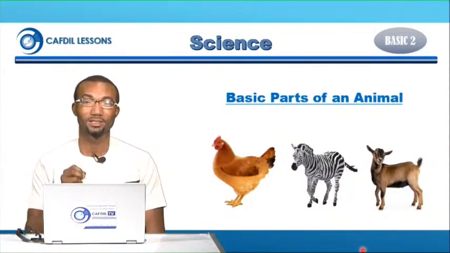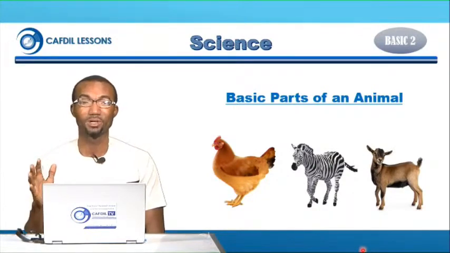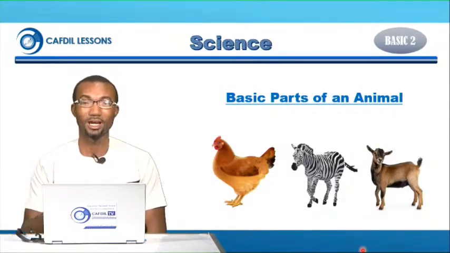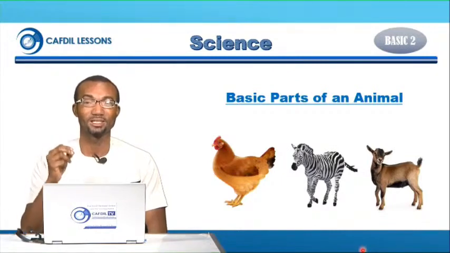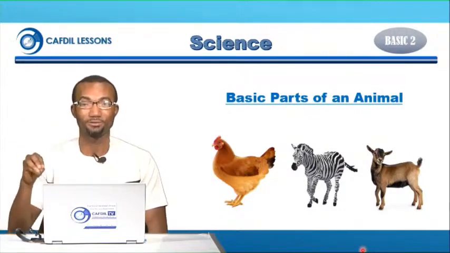Now let's look at the basic parts of an animal, or the basic structure of an animal. Animals are made up of different parts. All the animals that we went through have many different parts, but they have three most important basic parts, and these contain the other parts.